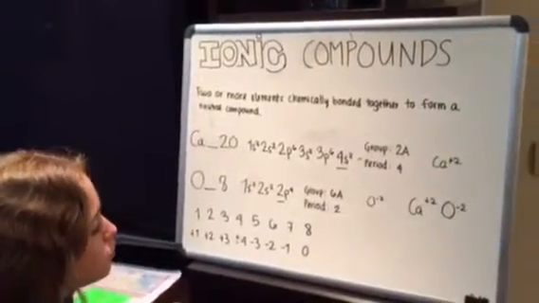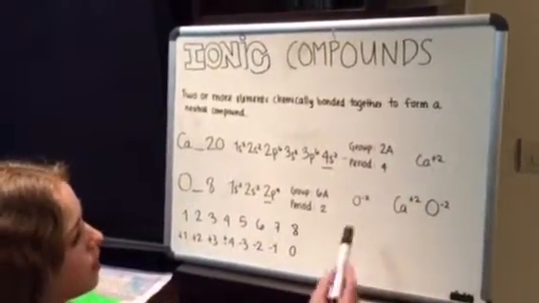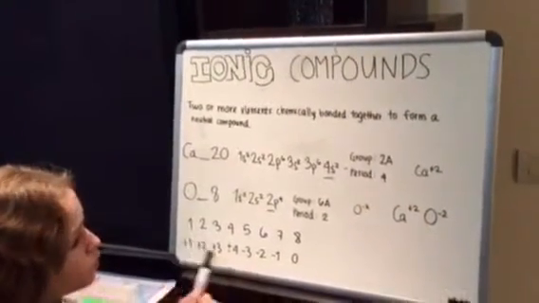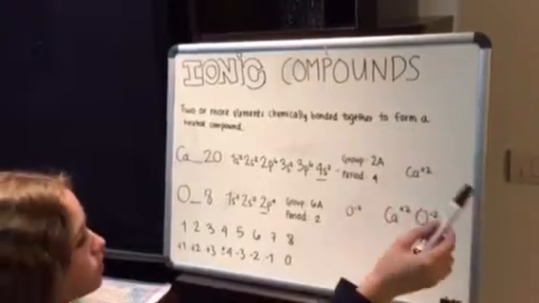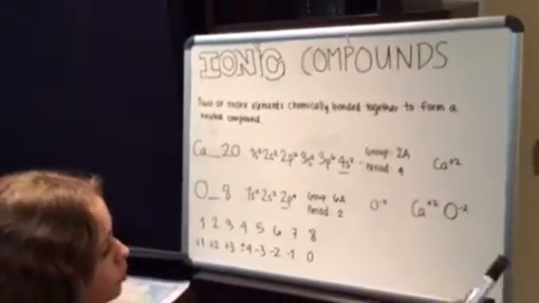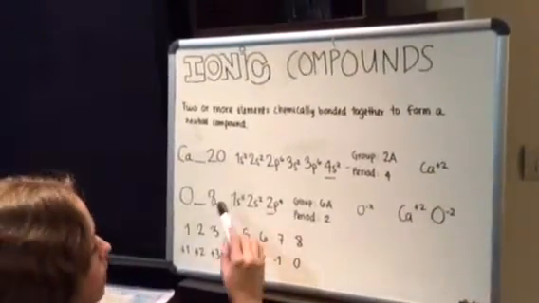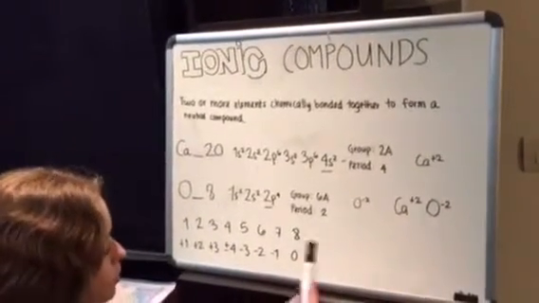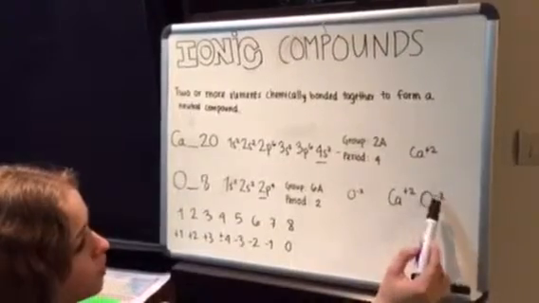Then we're going to have to do the ionic charge. In here, where we have 2A, we have to search for the 2, and it's plus 2, so calcium's ionic charge is plus 2, a cation. And then here the oxygen is 6A, so the ionic charge is minus 2, so it's an anion.